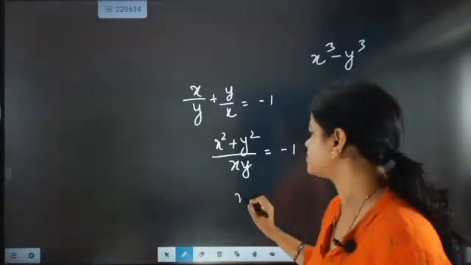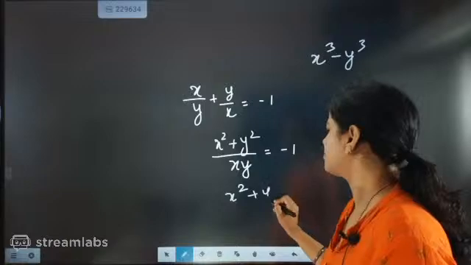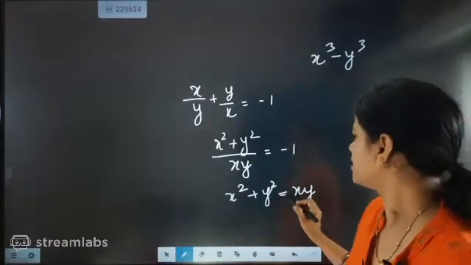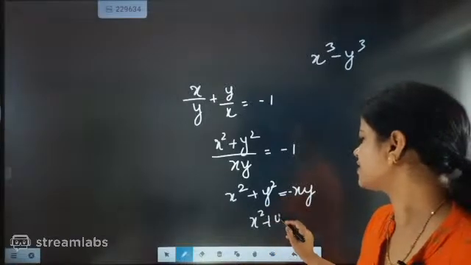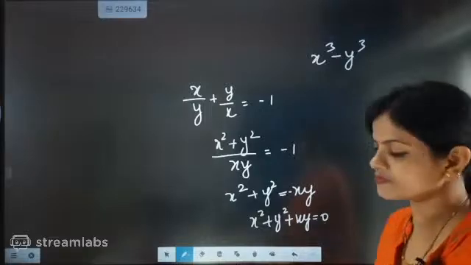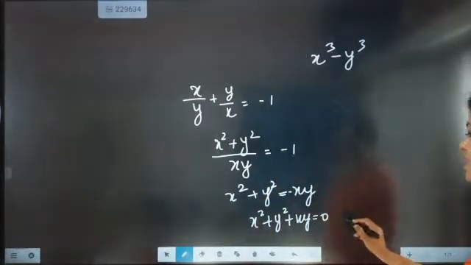Multiply this one, so x² plus y² equal to minus xy, shift this one to that side. So x² plus y² plus xy is coming as 0. This is equation 1.